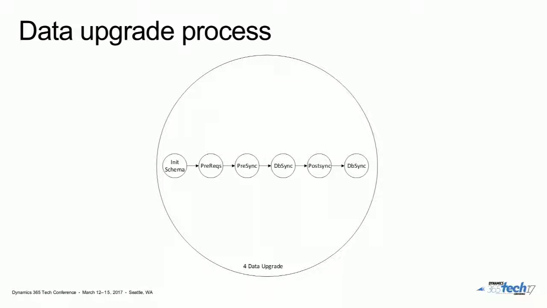Ultimately, your business user wants you to start data upgrade as soon as possible, right? So the minimum bar you need to hit in terms of compiling code is you want all your tables to be compiling. That's it. Because in terms of data upgrade, we just need your D365 for ops schema there.